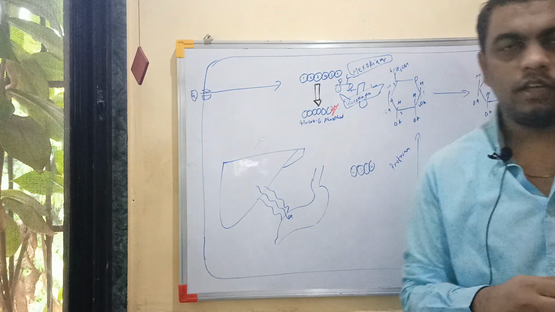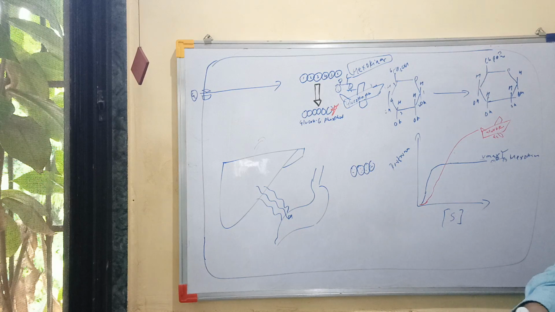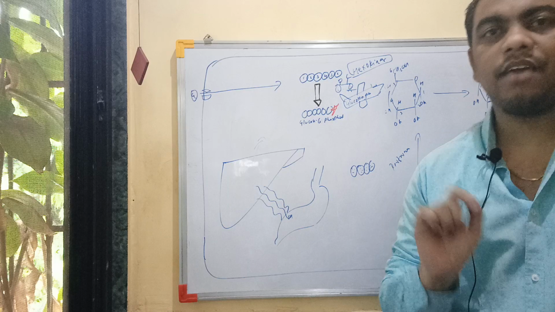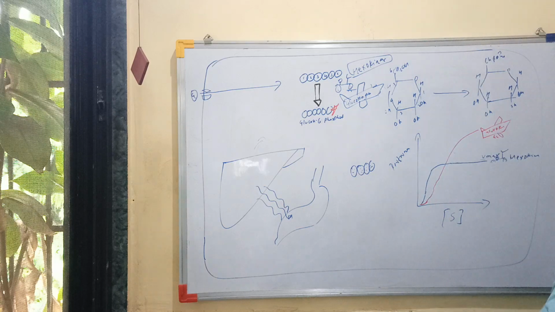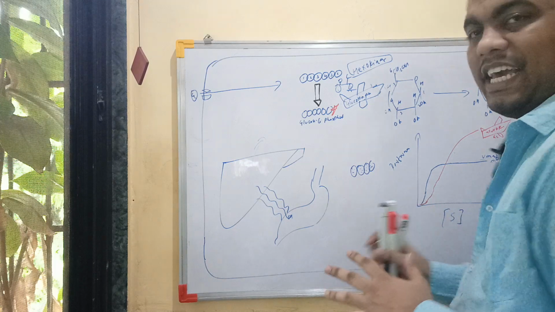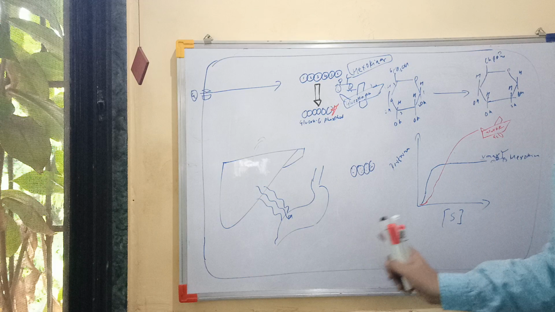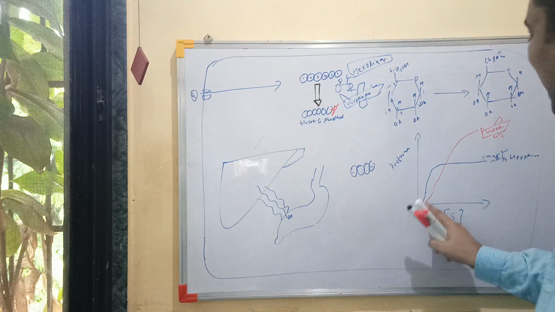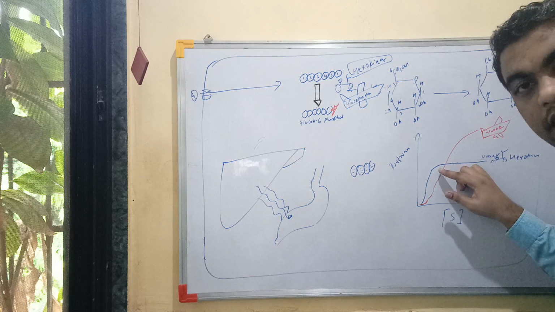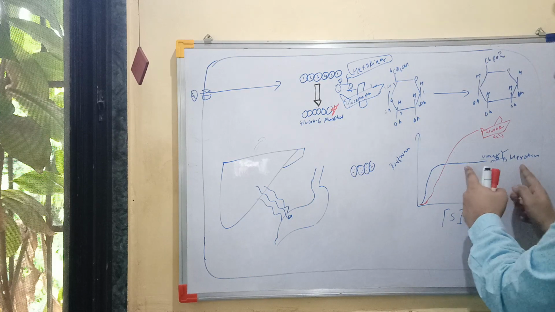Now there is one more parameter we should see. There is something called Km. Km is the concentration of substrate at which half of the enzyme is saturated. Let's talk about hexokinase.